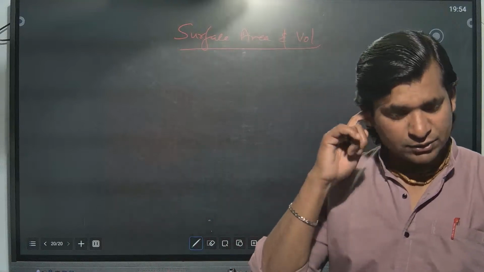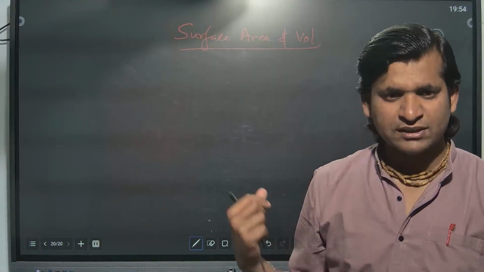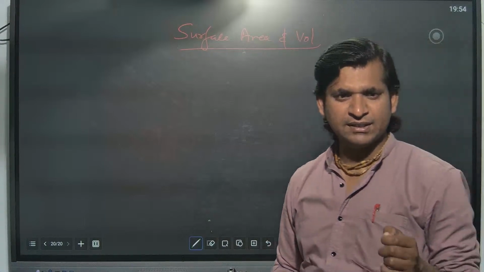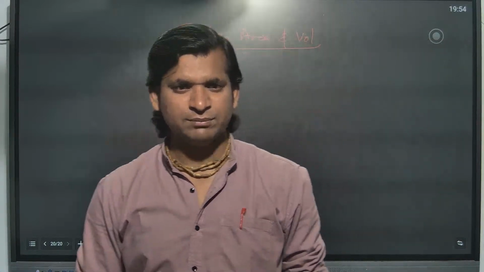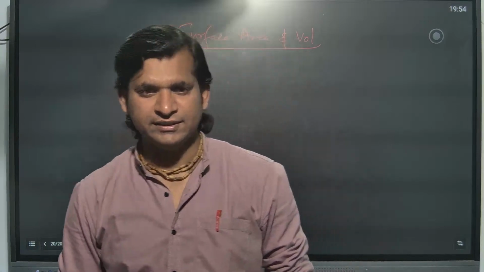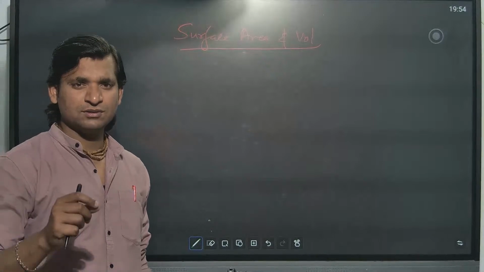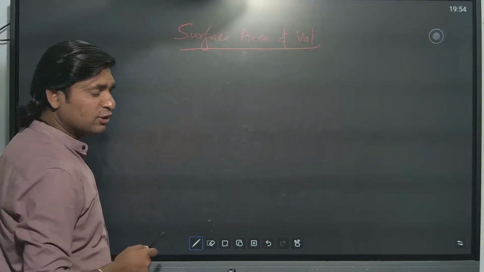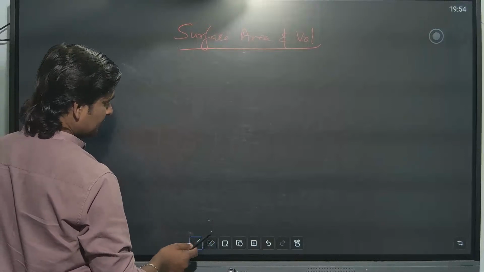From this, a 5 marks question again will come. Just after this chapter, 2 more chapters are there. I'll combine them within 10 to 15 minutes. Then you can go for study, and you can do the work that I suggested to you. So surface area and volume, I think it is not visible.